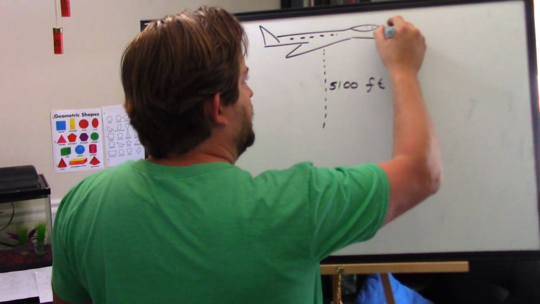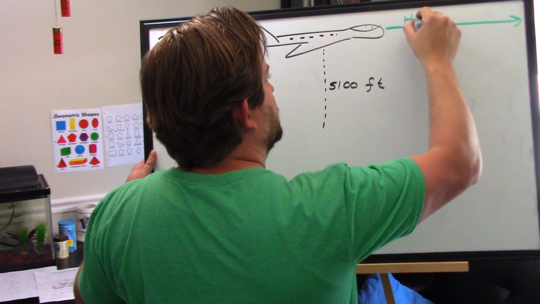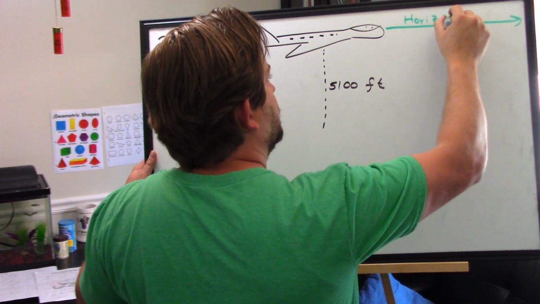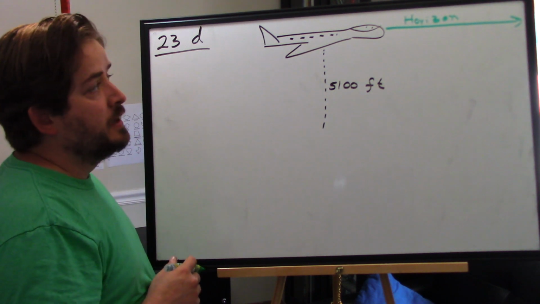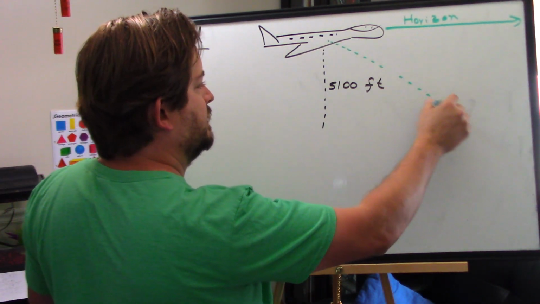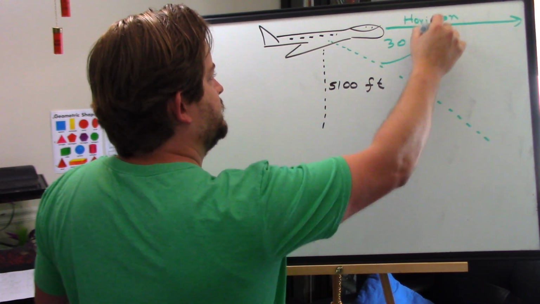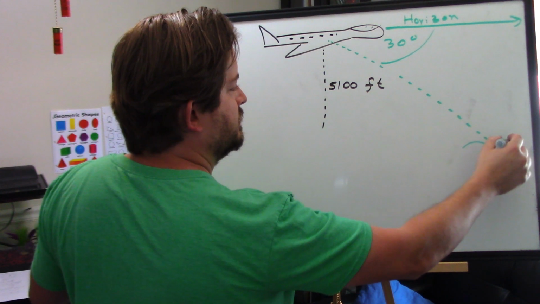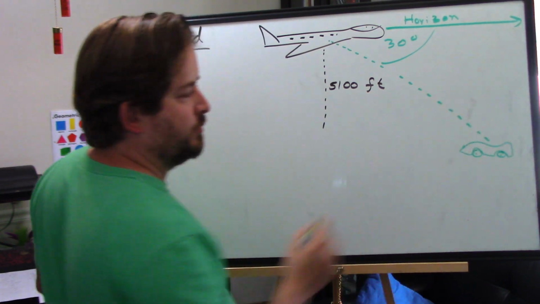So the angle of depression is the angle difference from the line of sight of the airplane, right? The pilot is looking this way. This is the airplane's horizon. Right? As far as they're concerned, that's horizontal, so an angle of depression comes down off of that. The first one is a 30-degree angle of depression. And we have a car. It's the stupidest looking car ever.